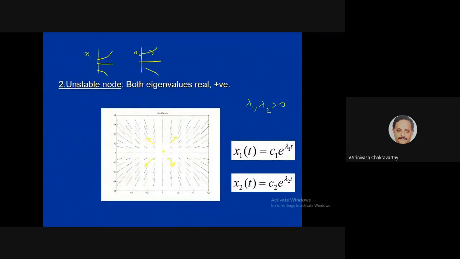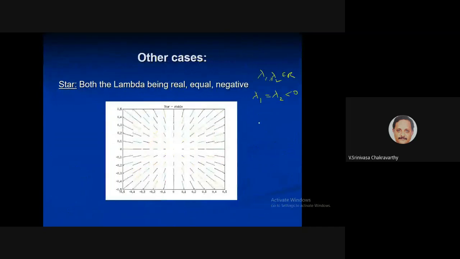Both are real and both are equal, which means x1 is equal to c1 times e to the power lambda t, and x2 is equal to c2 times e to the power lambda t. So you see that x1 by x2 is equal to a constant.